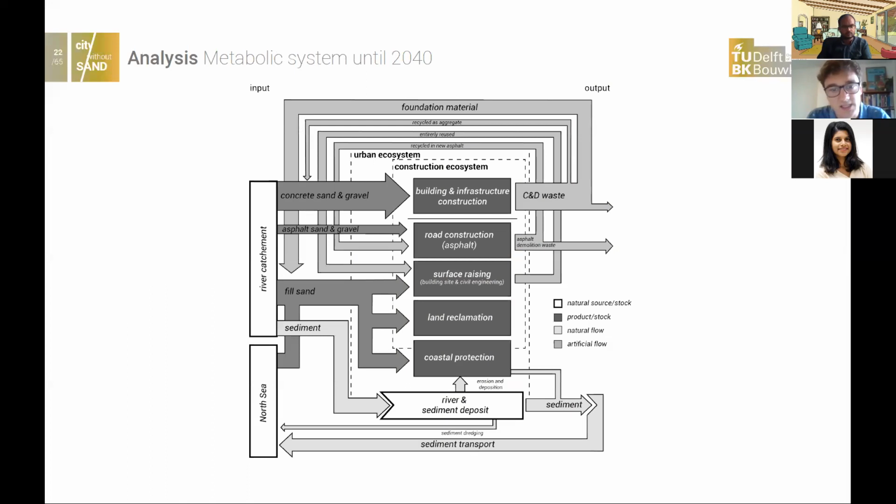So in my analysis, I actually made this schematic and theoretical material flow analysis for the Rijnmond-Drechtsteden region, and I looked at each of these stocks and checked, okay, what are the internal and external factors?